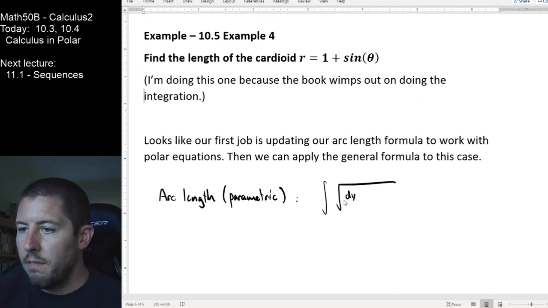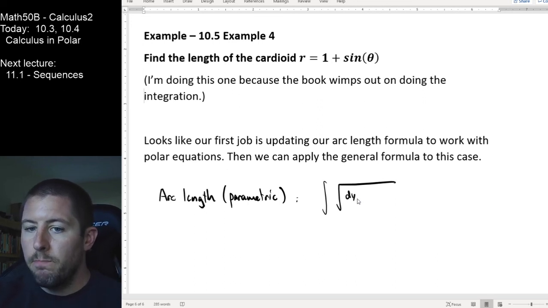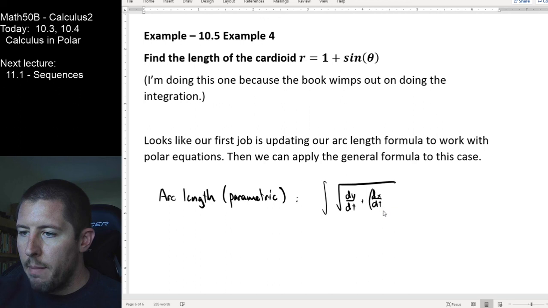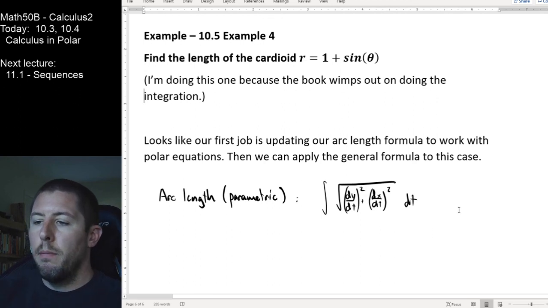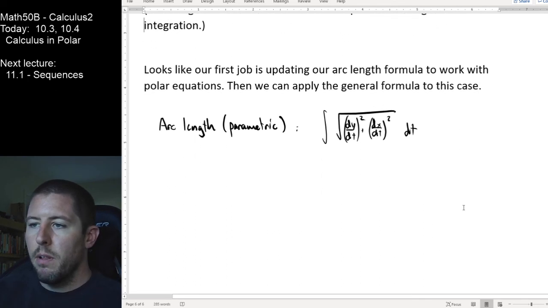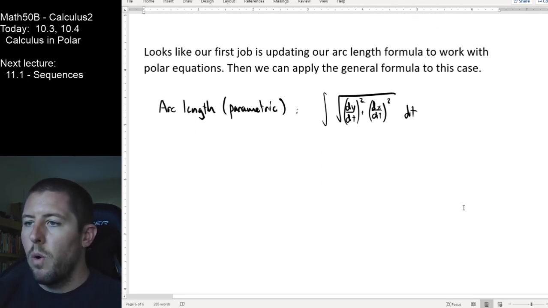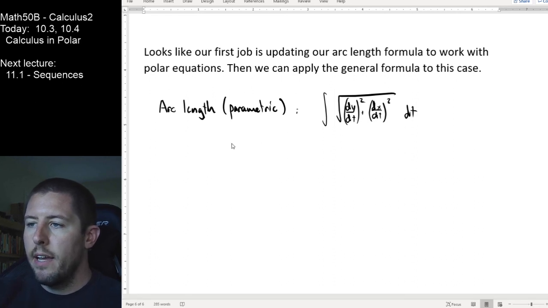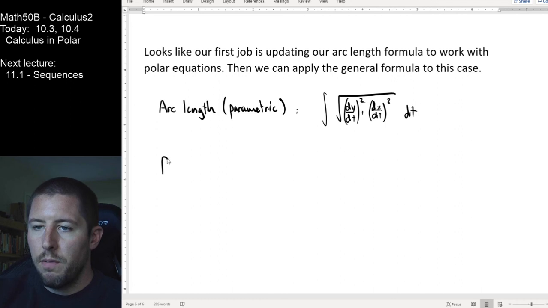It's the square root of dy dt squared plus dx dt squared. Our parameterizing variable in this case was the t. In our case, our parameterizing variable is going to be theta. So what we're going to look for is dy d theta and dx d theta, and the integral will be d theta.